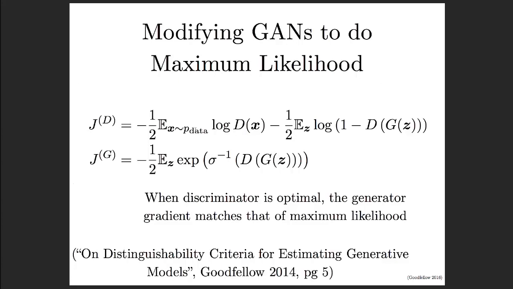So here's how you can actually get maximum likelihood out of a generative adversarial network, where you approximately minimize the KL divergence between data and model rather than model and data. For the discriminator network, you use the same cost function as before, which is just the binary classification task. And for the generator network, we now sample from the generator, and then we penalize it according to e to the value of the logits of the discriminator.